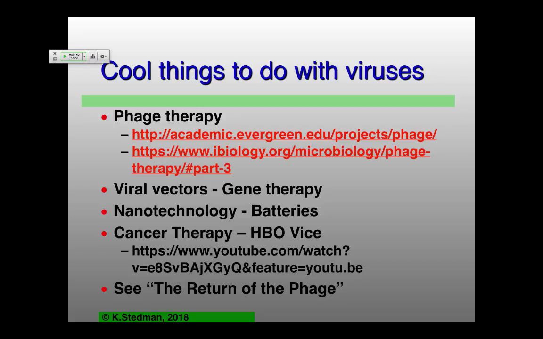Again, this could go longer and longer, but I specifically wanted to talk about phage therapy, bacteriophage therapy, because this was really introduced by Felix d'Herelle soon after the discovery of these bacterial viruses.